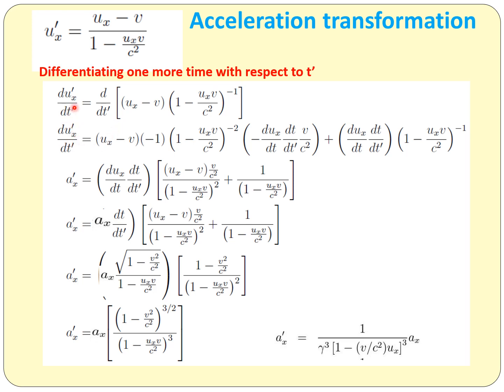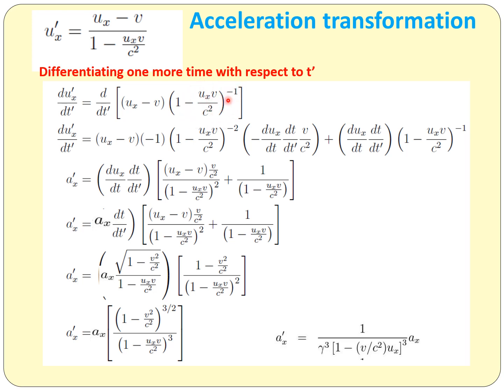So the left hand side will be dux prime by dt prime. This will be ax prime, and here for the product of two functions, it will be the first function ux minus b into the differentiation of the second. The second is 1 minus ux b by c square to the power minus 1.